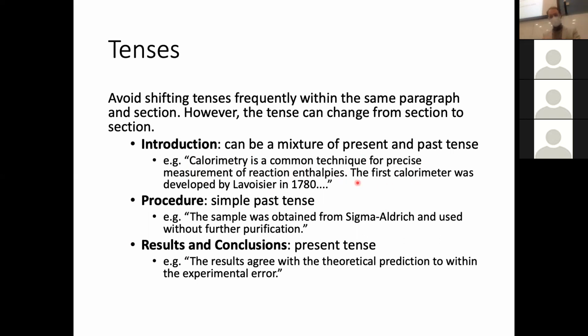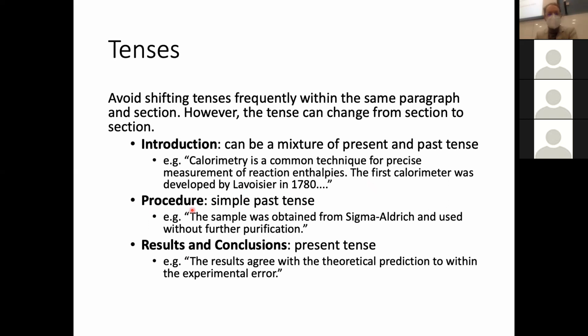But then you go to give some historical perspective and you switch to past tense. So the first calorimeter was developed by Lavoisier in 1780, etc. And note, this is also an example of a use of passive voice in this sentence, right? Because the emphasis is on the technique and not necessarily on the person doing it, okay?